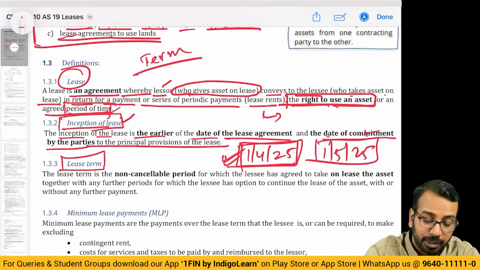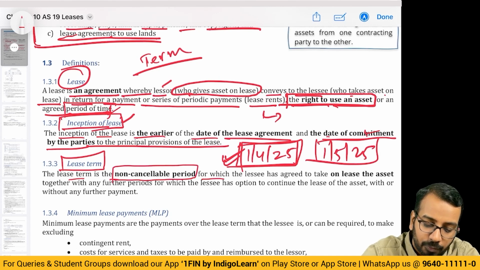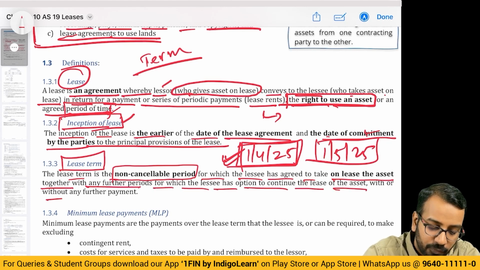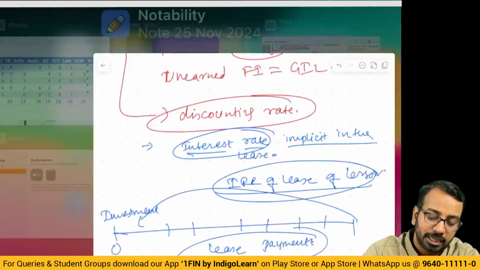Lease term, very important. Lease term is the non-cancelable period for which the lessee has agreed to take on lease the asset together with any further period for which the lessee has an option to continue the lease of the asset with or without any further payment. Now here, we need to understand this slightly better.